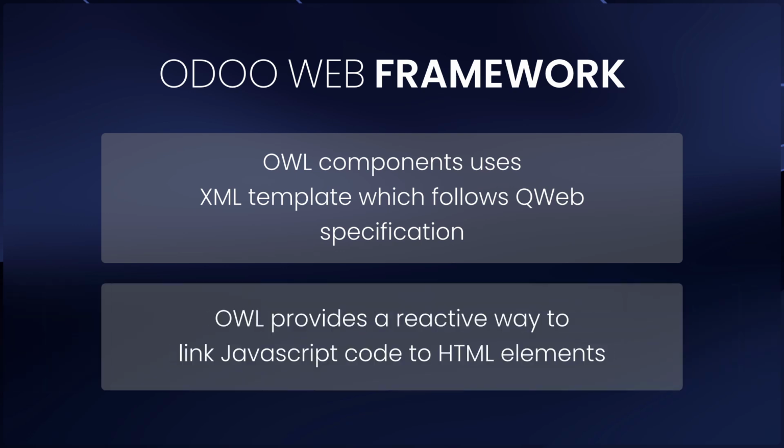Second, alongside its template system, OWL also offers a reactivity system. Simply put, it provides a way to link JavaScript code to HTML elements so that any changes made in one side are reflected automatically in the other and vice versa.